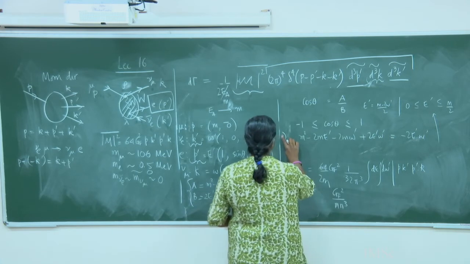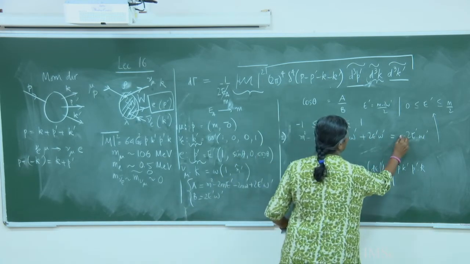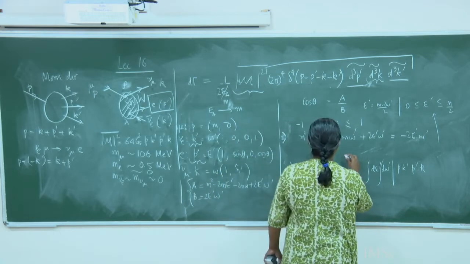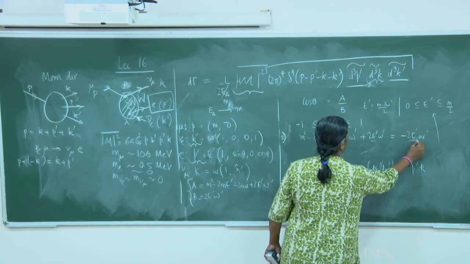I have the case 2 where cos theta was minus 1, so A is equal to minus B. Now what happens? I will collect all the E prime terms, so E prime, E prime, E prime are here.